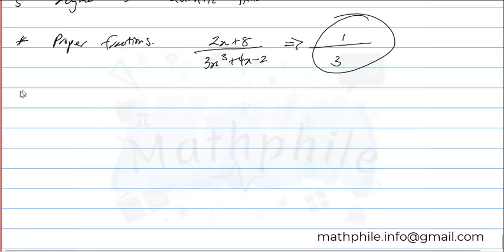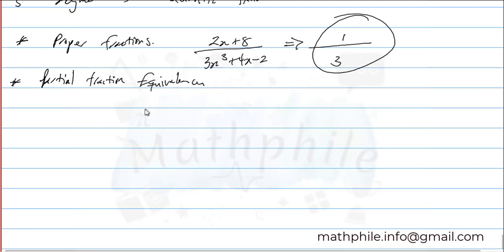Okay. Now, once you've noticed that the fraction you are working with is a proper fraction, you need to write something called the partial fraction equivalence. There is a golden rule for this one.